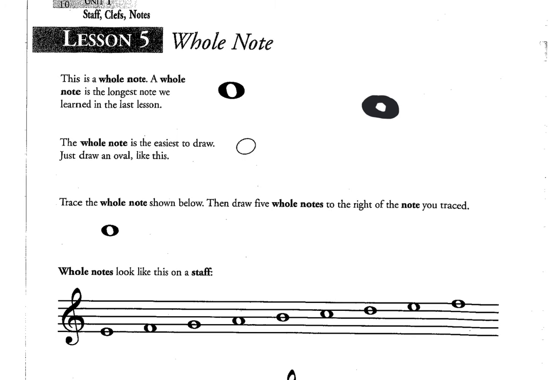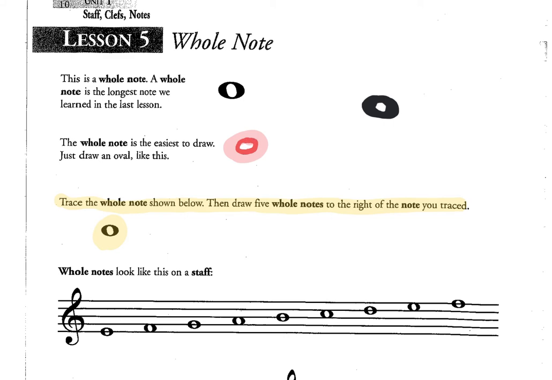Now, take a look here. It says, let me get my highlighter: trace the whole note shown below, then draw five whole notes to the right of what you traced. Well, I actually don't want you to trace that one. Why don't you trace this one? That would be the easiest one to trace, because then you can have an idea of what that actually feels like.